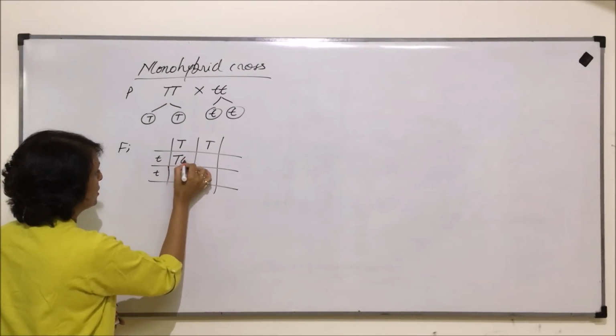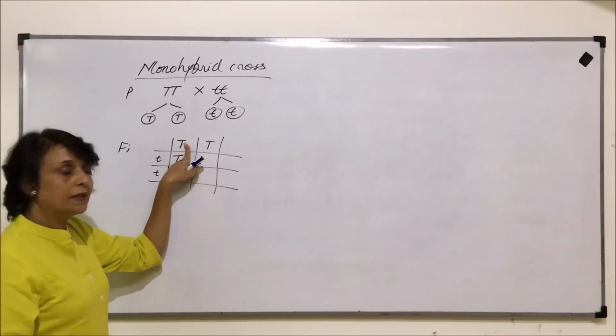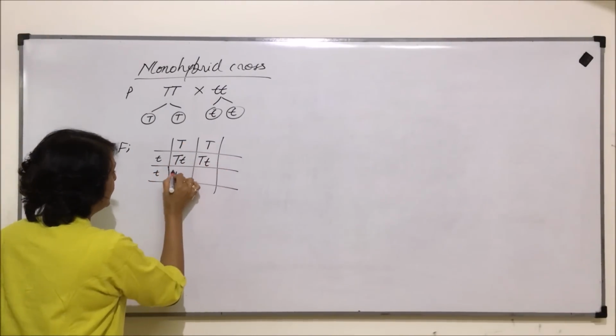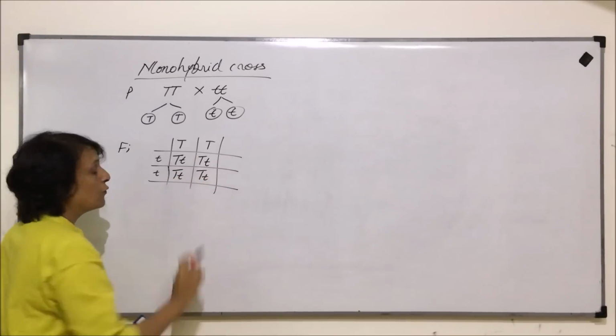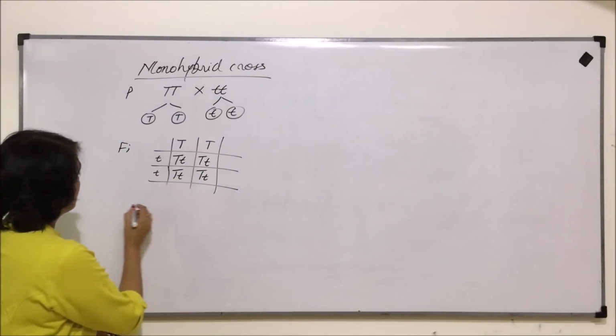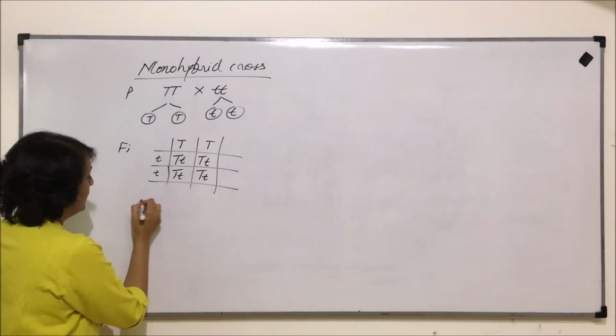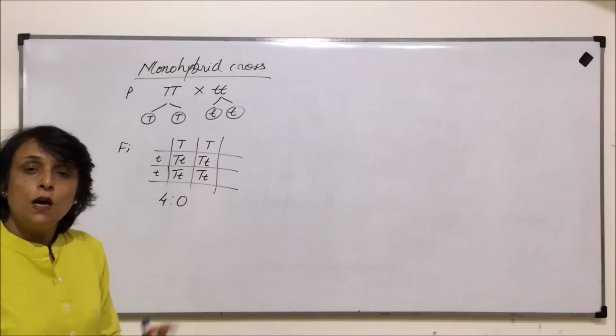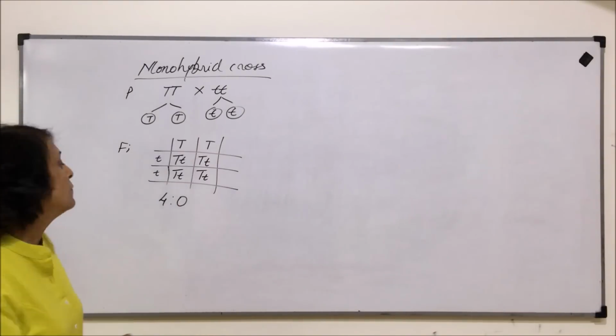Let us fill this Punnett square: the dominant allele from one parent and the recessive allele from the other. In the same way we get 4 offspring. So in F1, the ratio is going to be 4:0, whether we talk of phenotype or genotype.